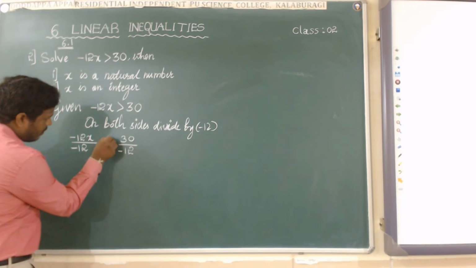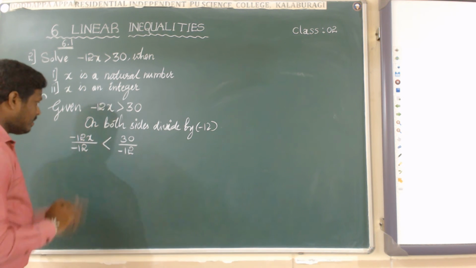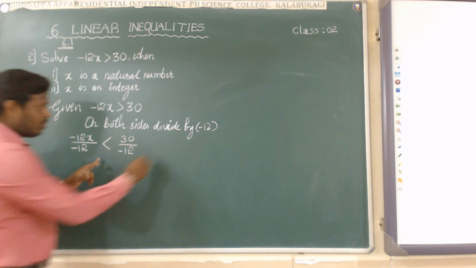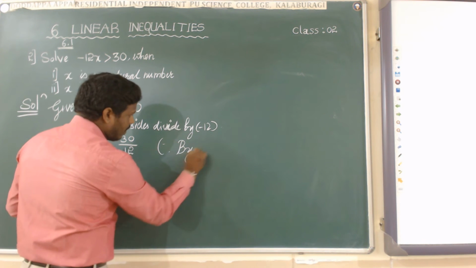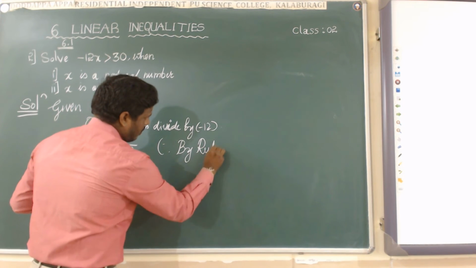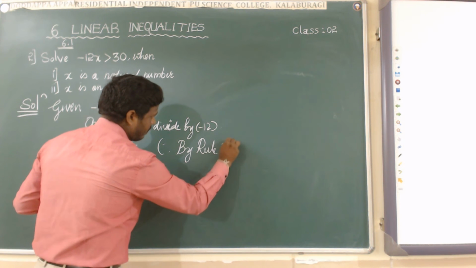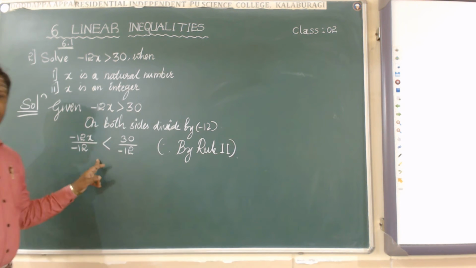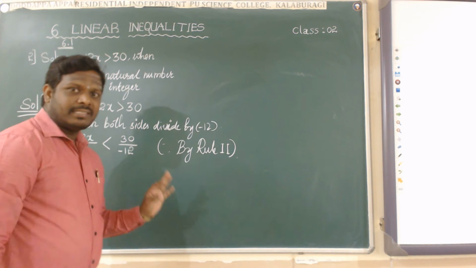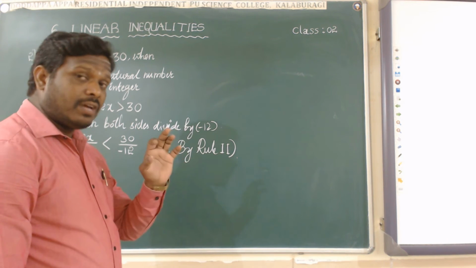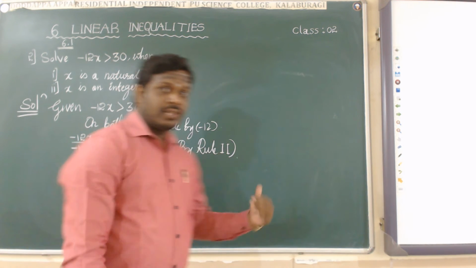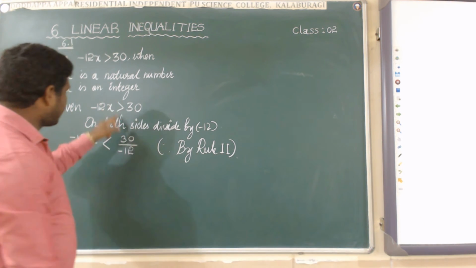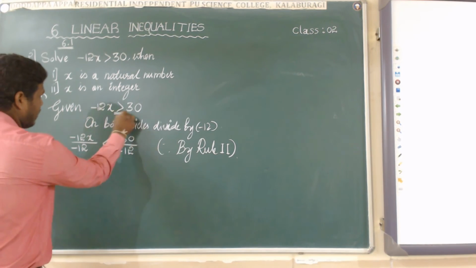This is a very important step. We have to remember the second rule: when we divide or multiply by a negative value, the sign of inequality will be reversed.